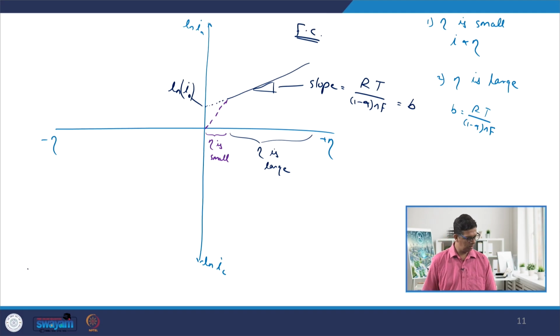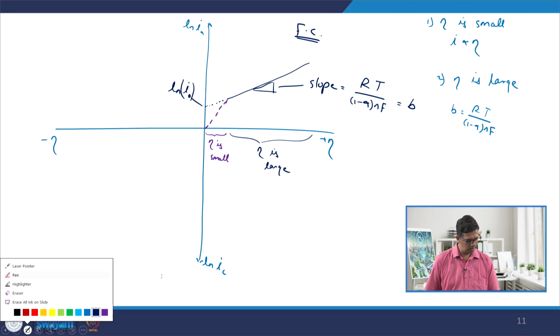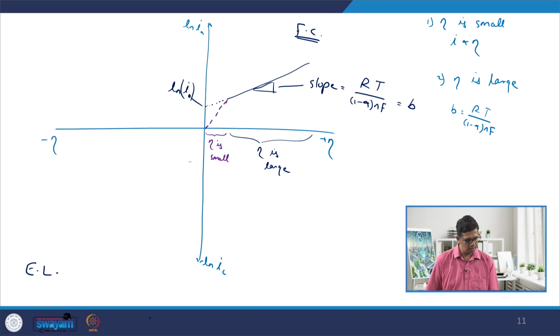How does it look for the electrolyzer? Let me use the same colors one more time.